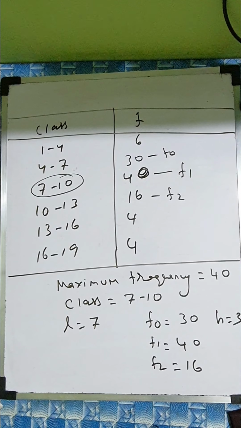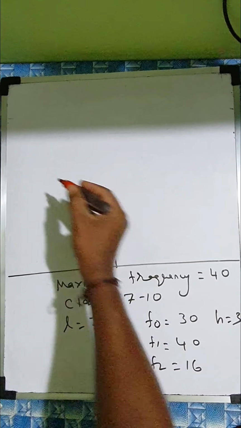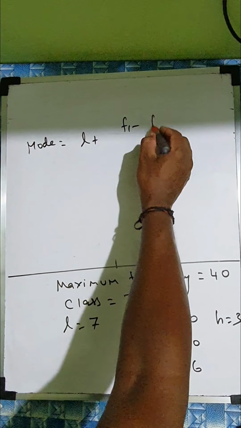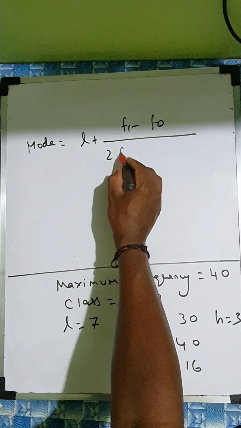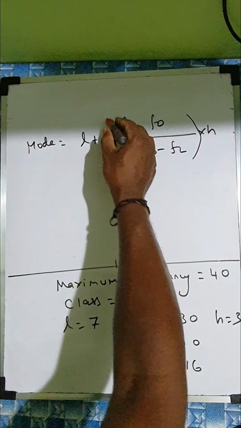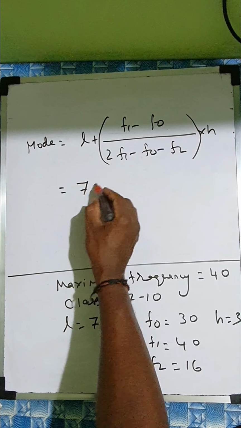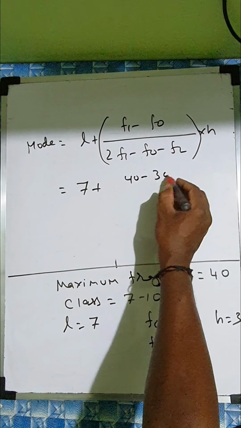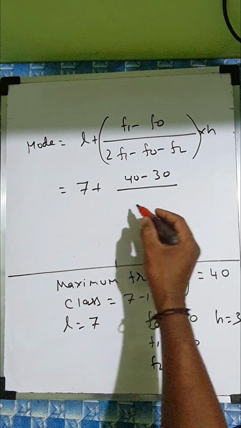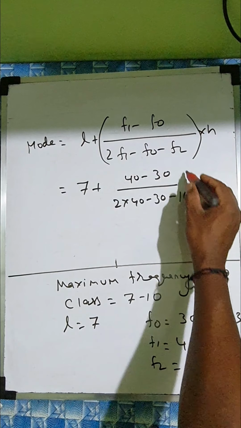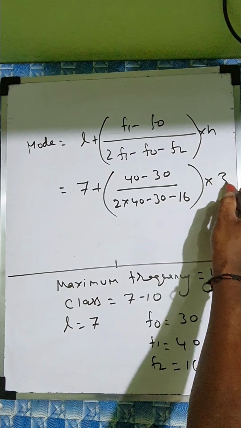Now we'll apply the formula and get the answer. Mode equals L plus f1 minus f0 by 2 f1 minus f0 minus f2, into h. L is 7, f1 is 40 minus 30 by 2 into 40 minus 30 minus 16, into h which is 3.